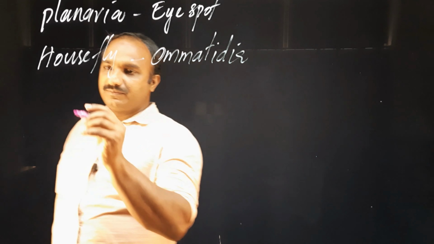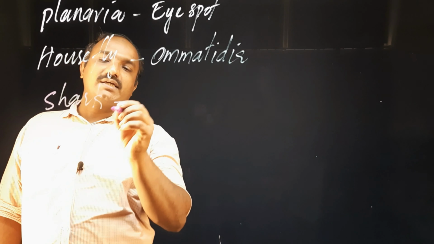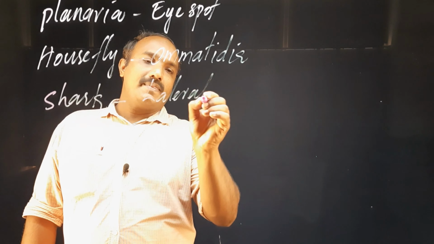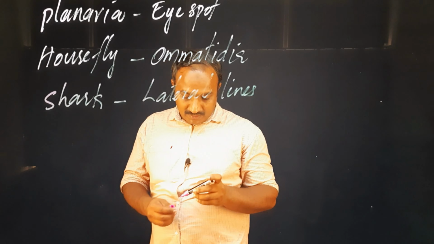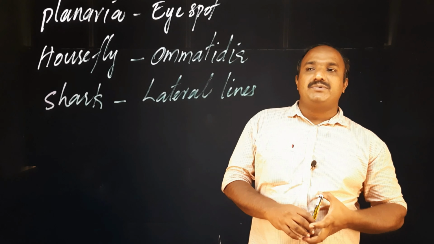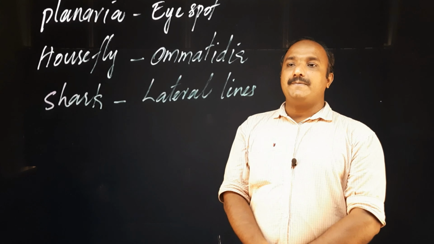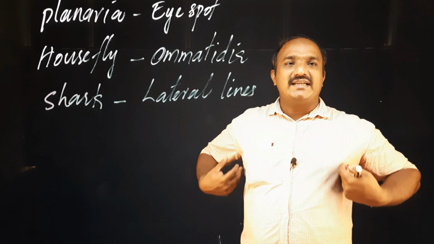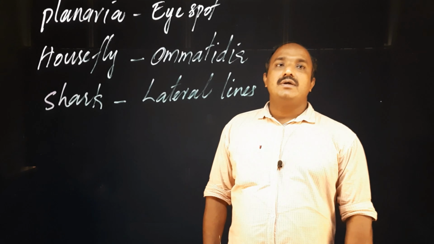Third organism, shark. Shark, its receptor is lateral lines. Lateral lines means on the side of the body of the shark, there is a particular line, or on both sides there are lines.